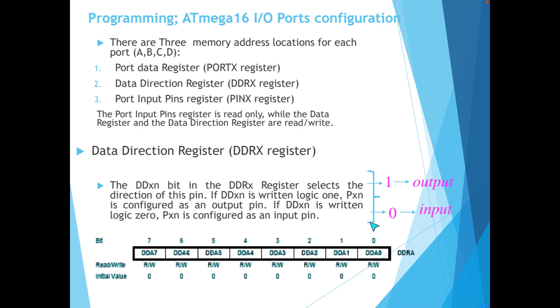Then for configuring a pin of a register related to a port as output, we should write that pin equal to logic 1. For example, we want to configure the third pin of port A as output.